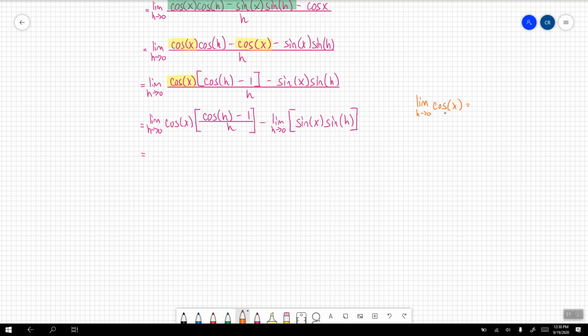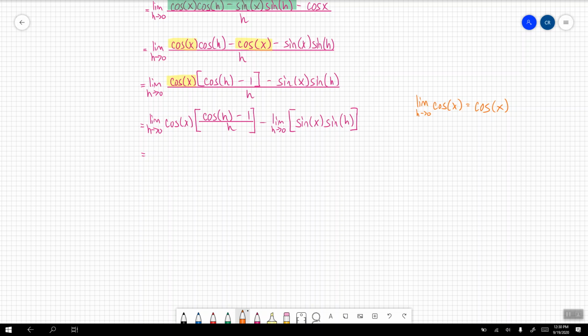Therefore, cosine of x is a constant when we're taking the limit as h is approaching 0. In other words, it is not affected, which means the limit as h is approaching 0 for cosine of x is simply cosine of x.